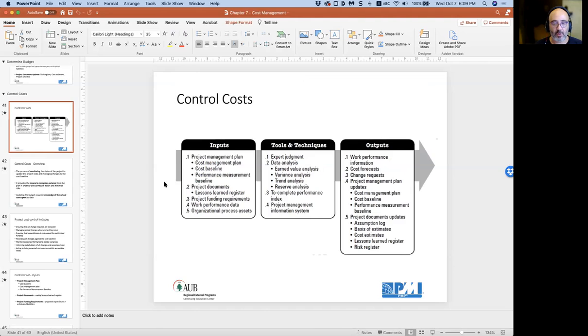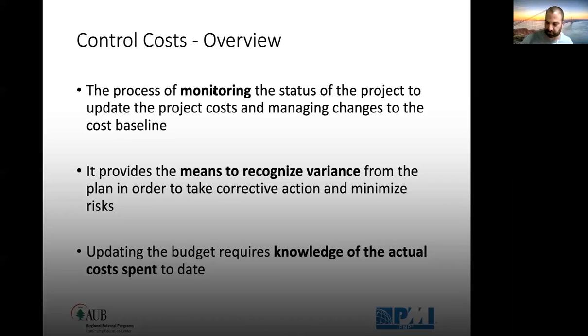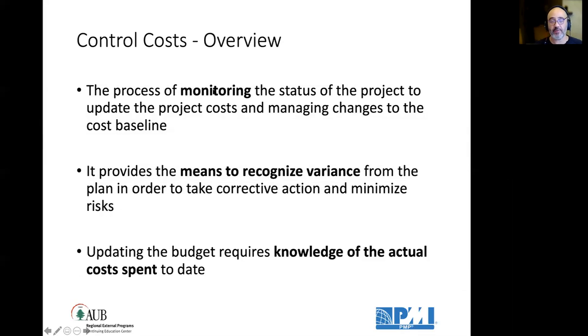So this control cost, let me do the slideshow, is the process of monitoring the status of our project to update the project cost and maintain any change to the cost baseline. It provides for us a means to recognize the variances because مثل ما قلنا any control process, basically we're identifying variances and we're taking a corrective action.